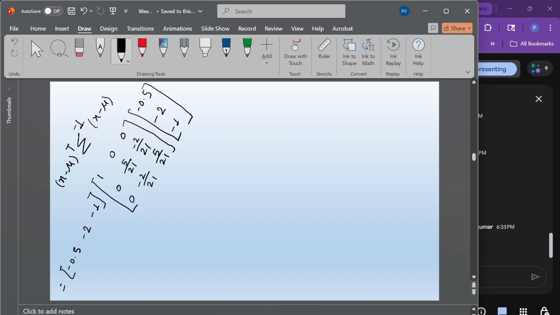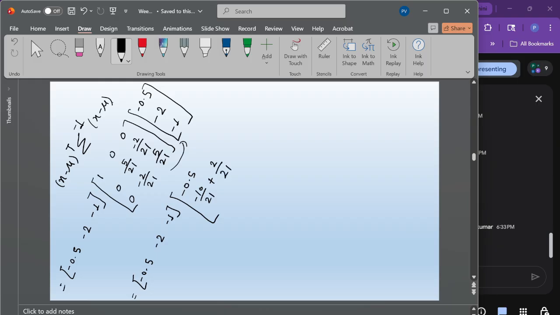Now multiply each matrix row by column. First we multiply these two: minus 0.5, minus 2, minus 1. Here, minus 0.5 and all the other values will be 0. In the next, this row to this column, you will get minus 10 by 21, so 5 into 2, right? And minus minus will be plus, so plus 2 by 21.